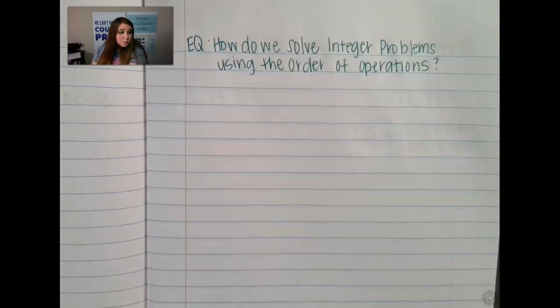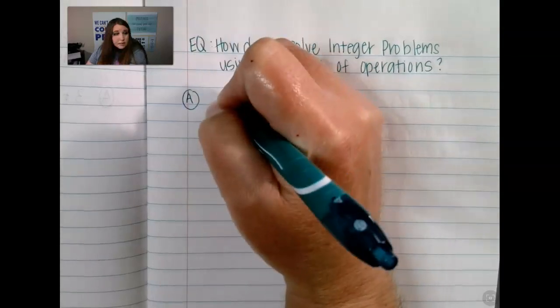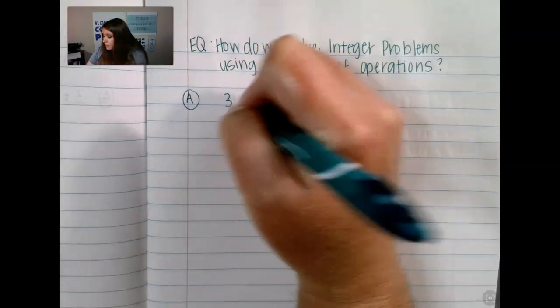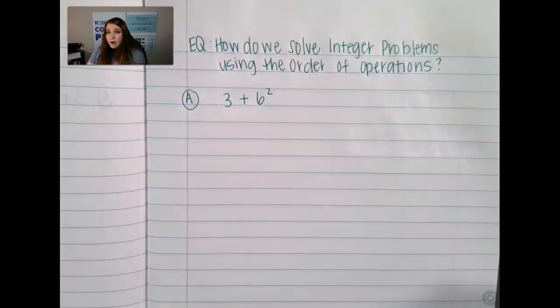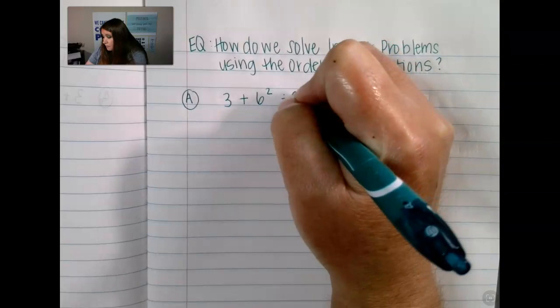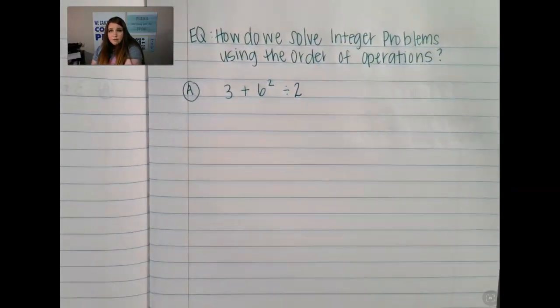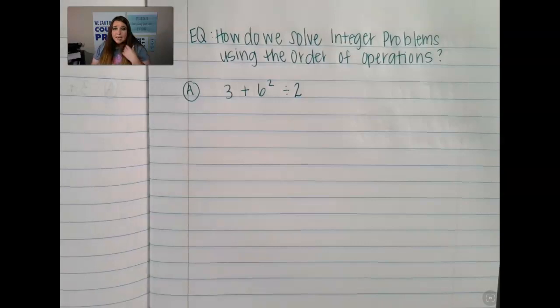This problem is going to look very similar to ones that you've solved in the past. The first problem says 3 plus 6 squared divided by 2. Our very first thing we want to talk about is the how part. We're going to look at using a rule, the order of operations.